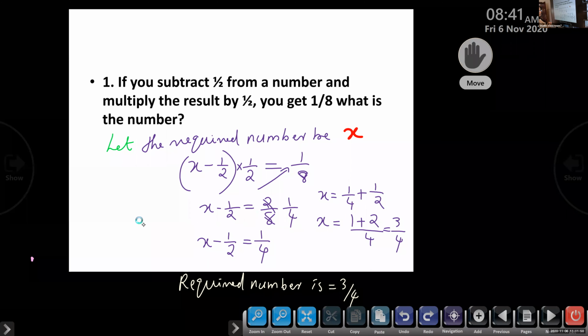Understood? What we need to find, we will take it as x, and with that we connect the given conditions of the problem. Then if you get the equation, you can easily solve it. Take all the variables to the left side or right side, and constants to the other side.